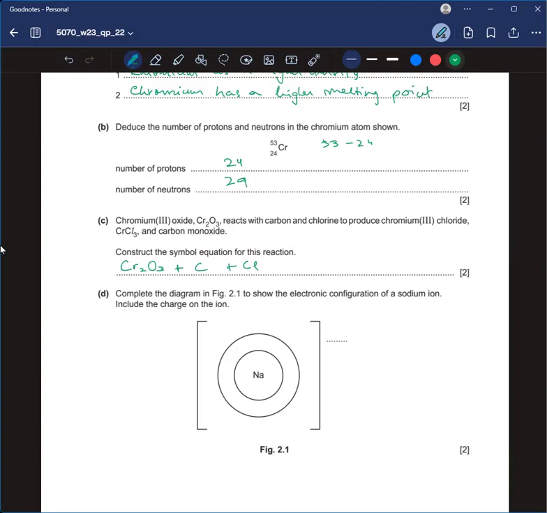I'll leave some space so I can write the numbers for balancing if required. Chlorine reacting to give chromium(III) chloride, CrCl3, and carbon monoxide.